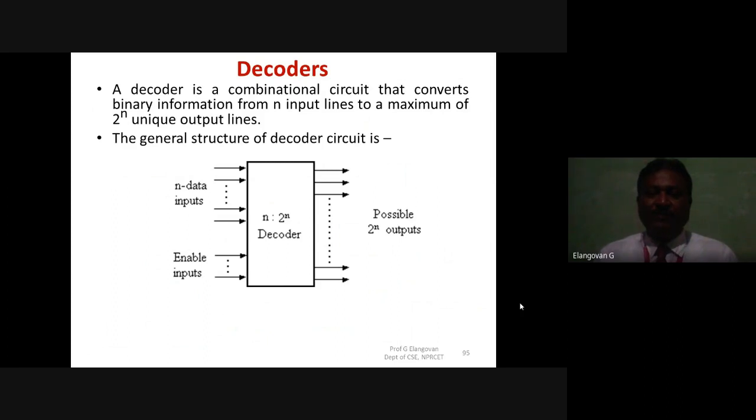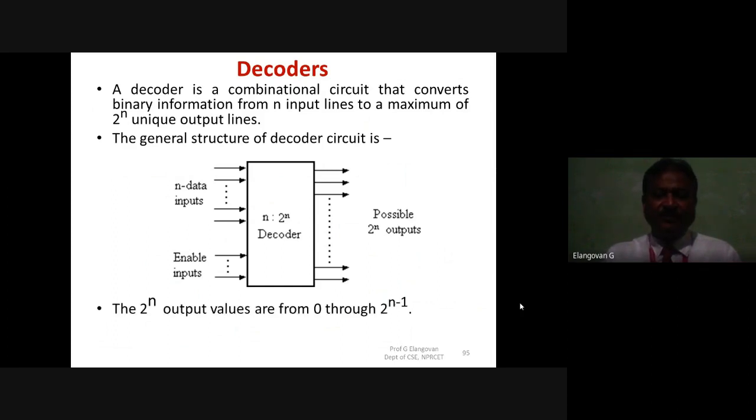For that purpose, the entire combinational logic unit is going to be enabled. If the enable is high level, the outputs are valid. If the enable is low level, the outputs are invalid. So the 2 power n output values are from 0 to 2 power n minus 1.